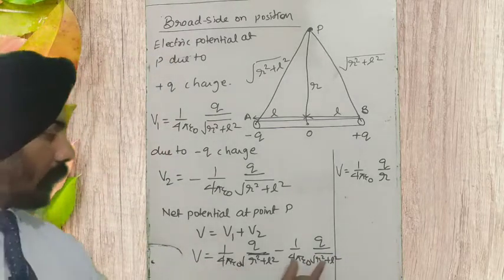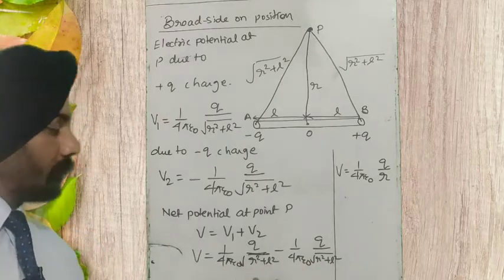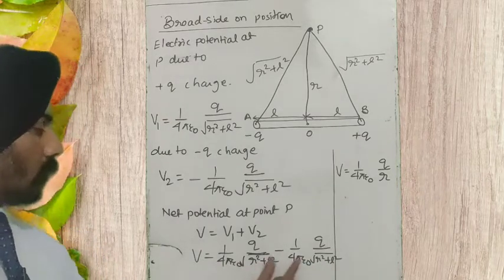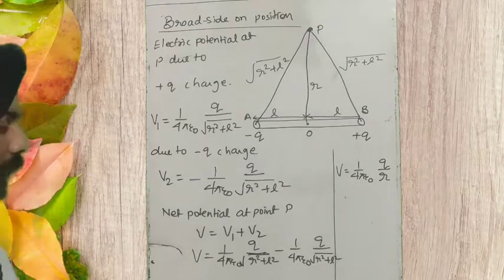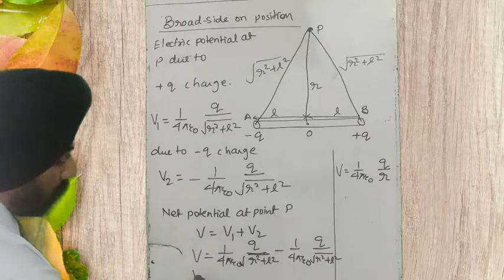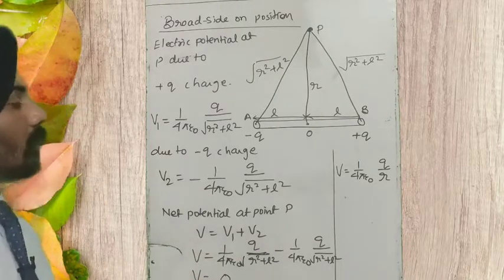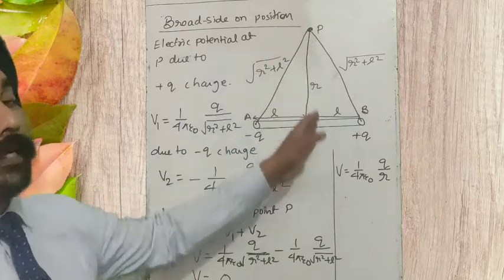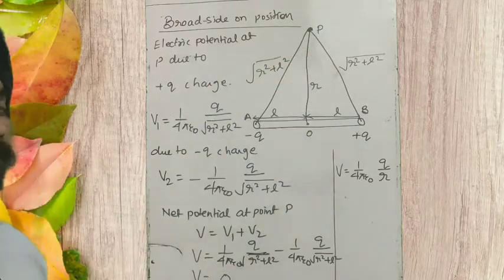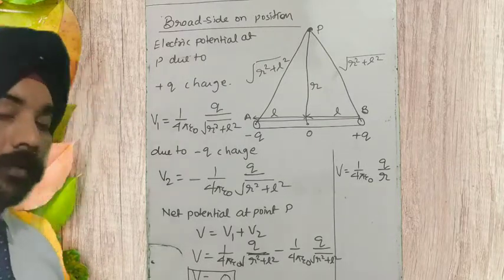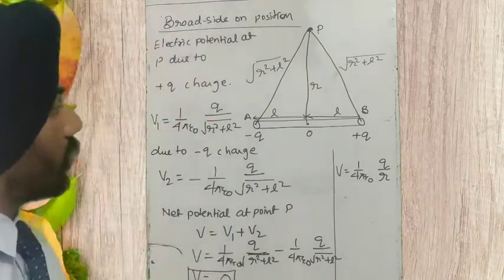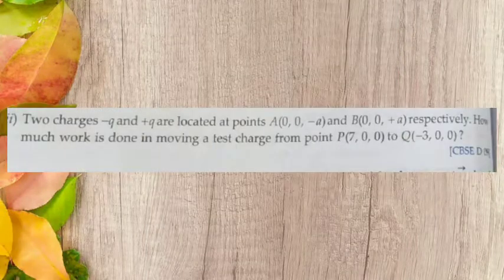Now we have two equal values, but one has a positive sign and the other a negative sign, so we are subtracting equal quantities from each other. So the net potential due to the dipole at any point on the right bisector will be equal to 0. It's a very important result because a numerical can be asked on this property of the dipole. Here we will discuss one of the numericals on this property especially.